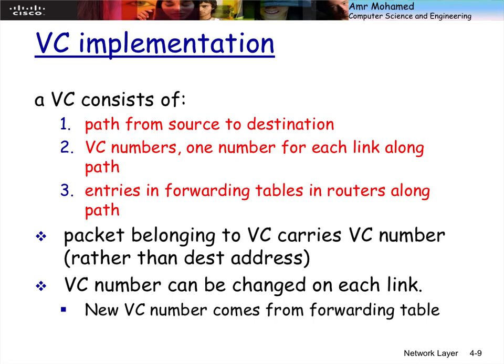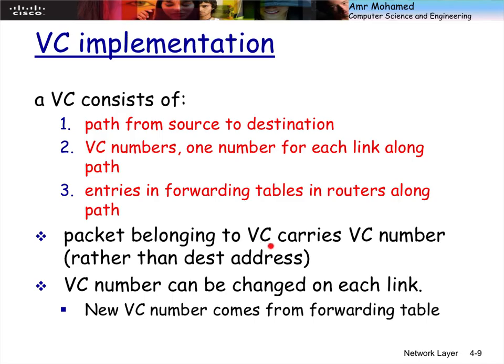Entries in the forwarding table in the routers along the path. So the router will maintain a virtual circuit, and each virtual circuit will be mapped to an output interface and will be assigned bandwidth and buffer size and so on and so forth.